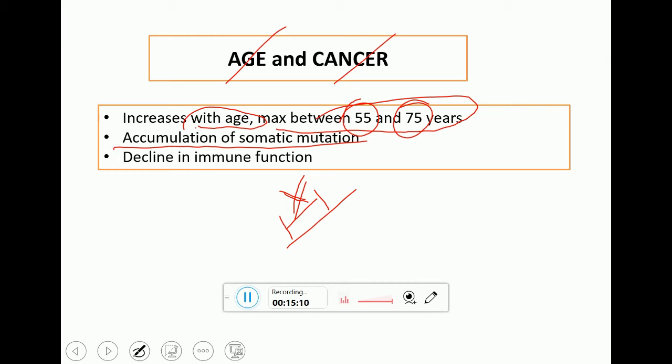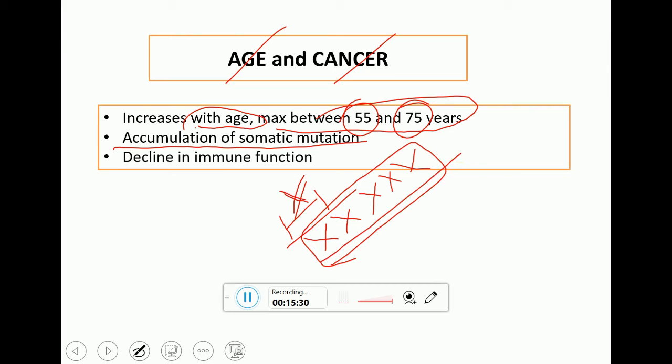But over time, like suppose 10 years or 20 years, the same mutation is going to happen at multiple places, or like suppose thousands of places, then this can result in the development of cancer, because now the quantity of mutation is sufficient to change the phenotypic results, or the gene product, or the protein which is being synthesized from a particular gene.